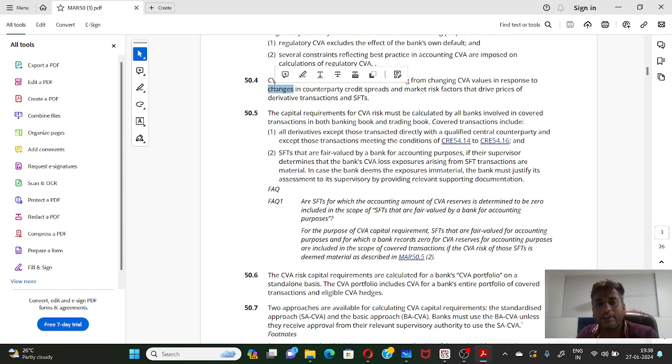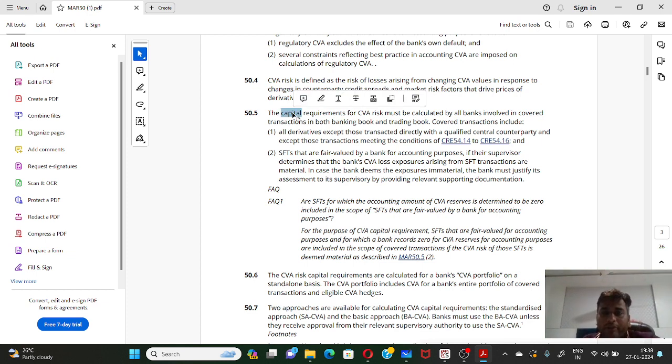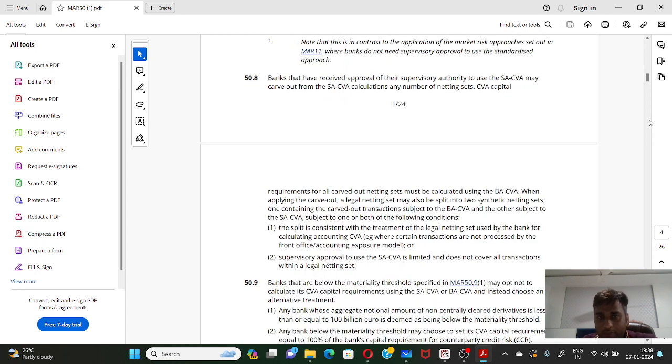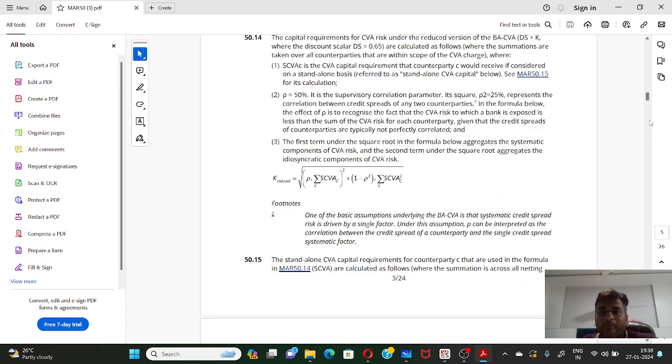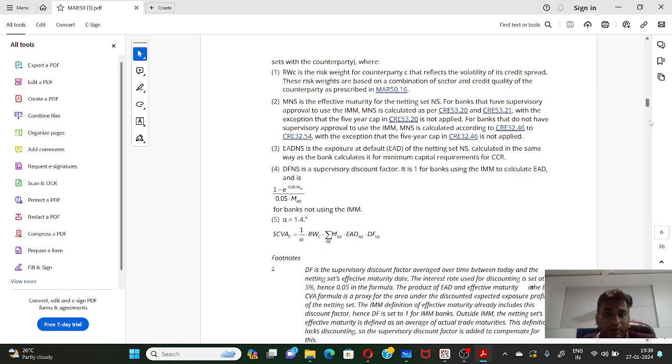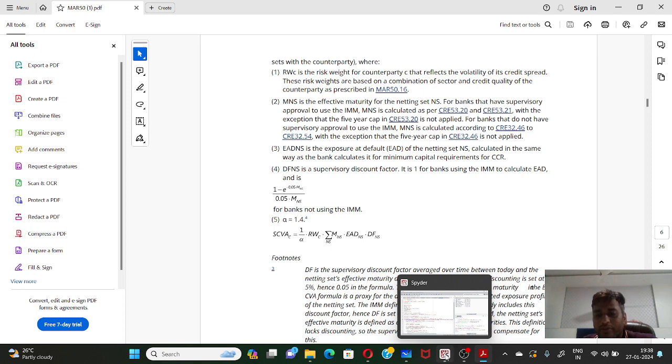Very specifically, clearly and transparently, they define everything, such as the meaning of capital requirements for CVA. We are not going through this white paper yet. I'm just explaining that there is a white paper for everything implemented in the risk management domain of an investment bank. I'm just walking through a sample white paper.